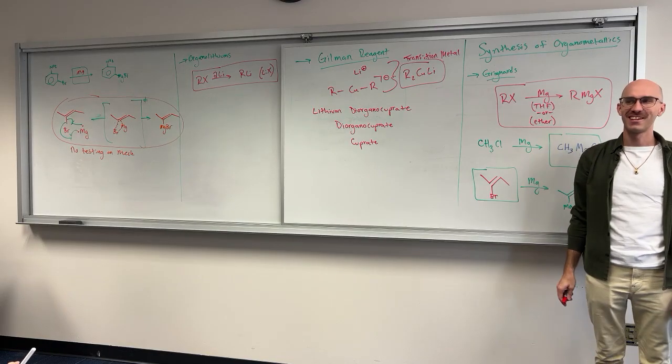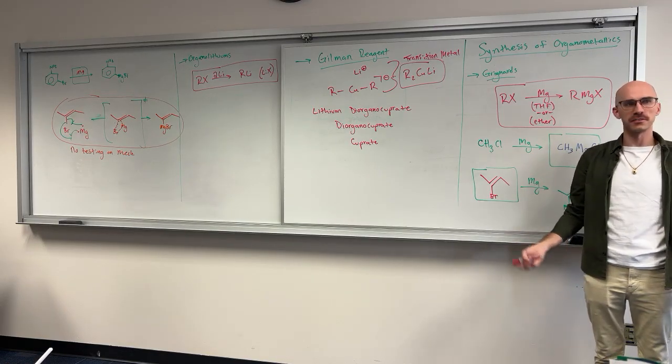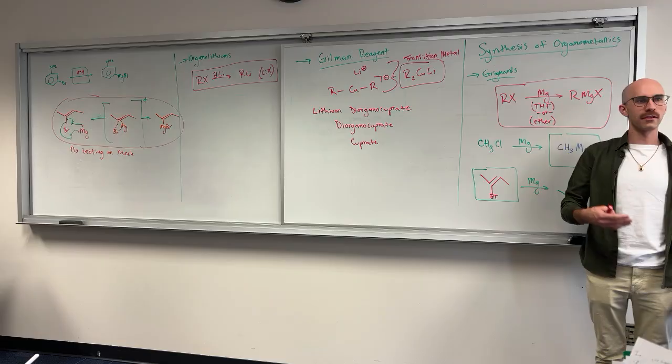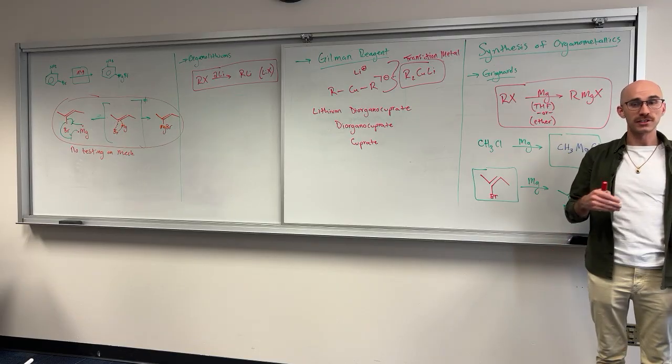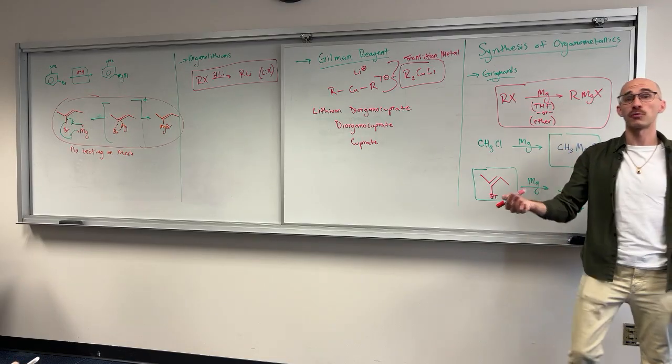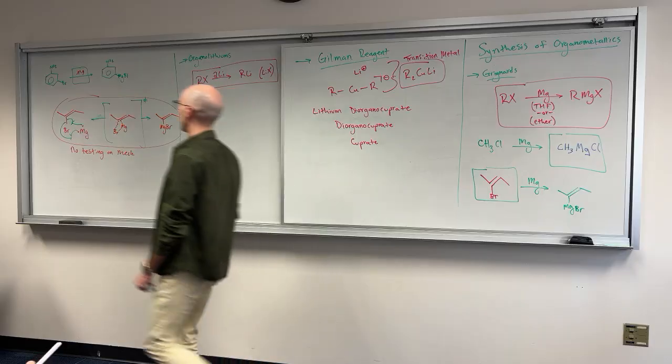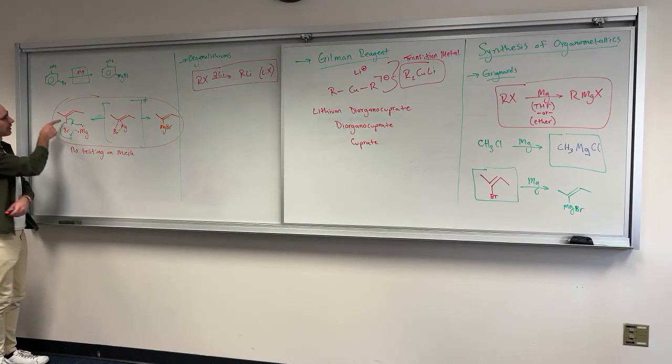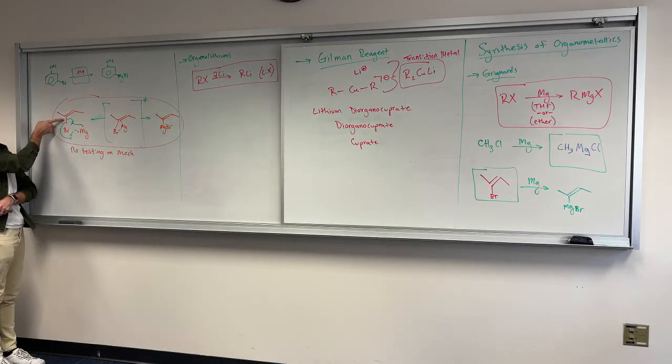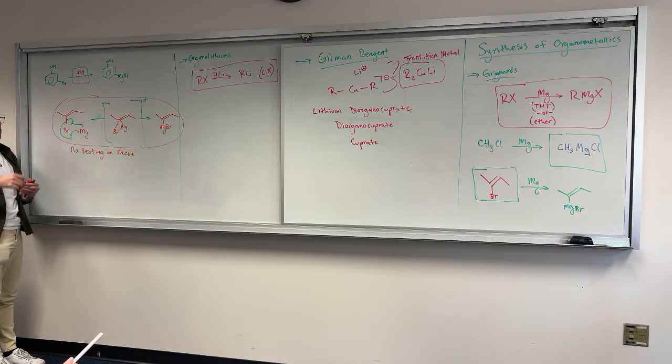Beautiful. Valence electrons. Magnesium has twice as many valence electrons. Lithium has half as many. And we're still doing a 2-electron reduction to carbon. Carbon gets to keep one of the electrons from its bond to the halogen. It gets to take one of the electrons from the metal. This metal only gives 1 electron, so we'll need 2 of them.